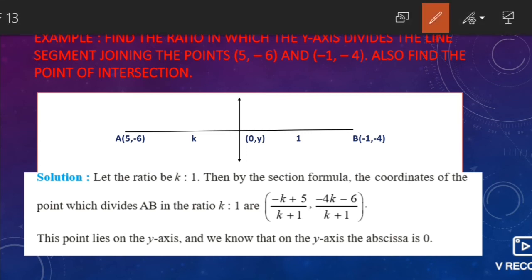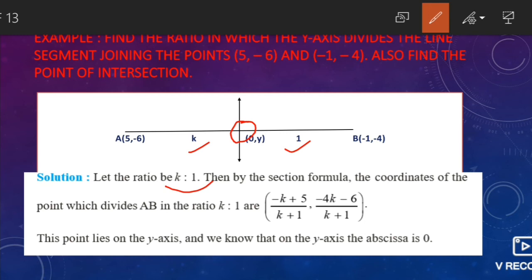Okay, so here is one point on the y-axis which divides this line AB. You have to find the ratio of this division. Since I don't know the ratio, I can consider it as k:1.